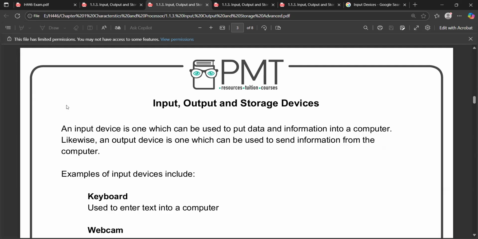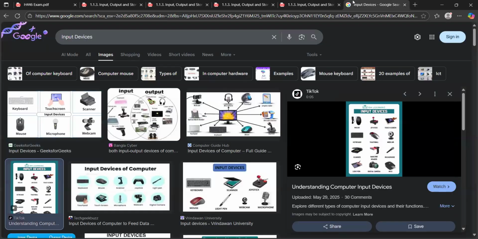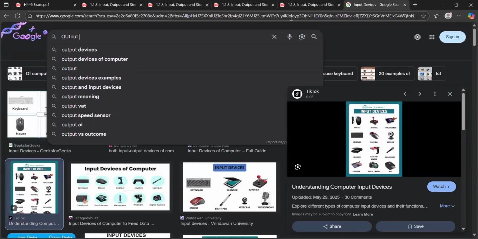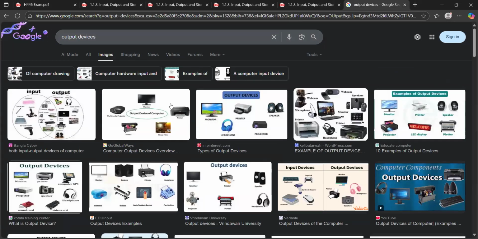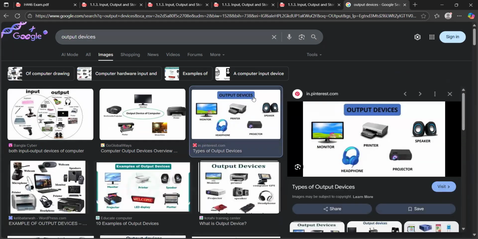What is an input device? An input device is one which can be used to put data and information into a computer, right? That means you are sending it to the computer. Are you getting my point? Yeah. And output devices are those devices which basically display the output. Displays the result, shows the output, shows the process information. And the examples of output devices are monitor, printer, speaker, headphone, projector.